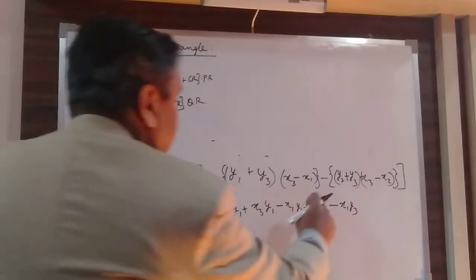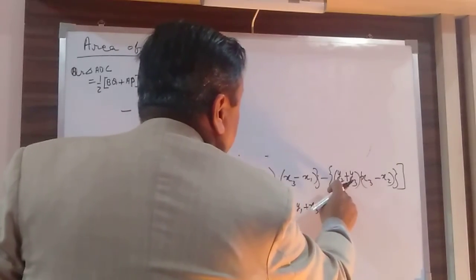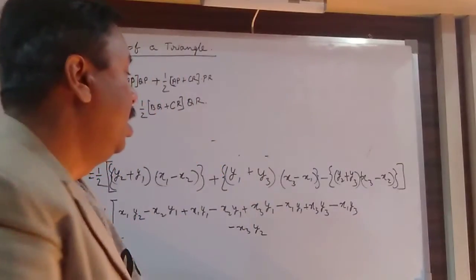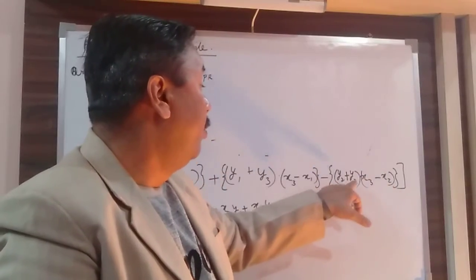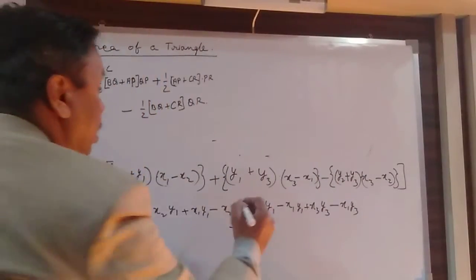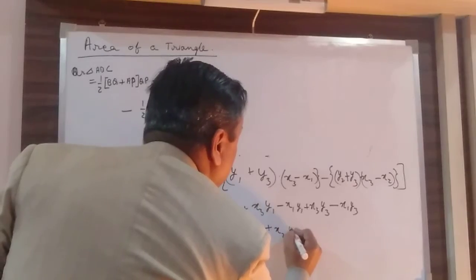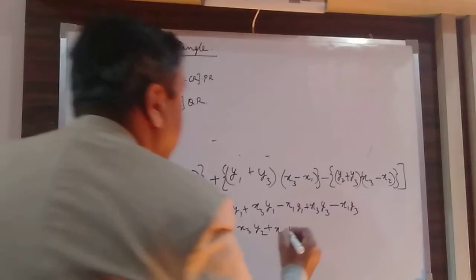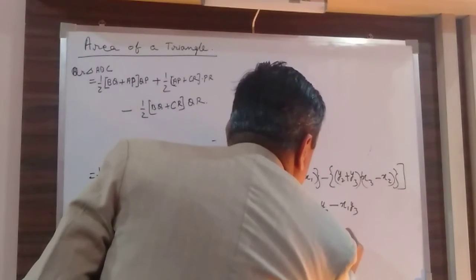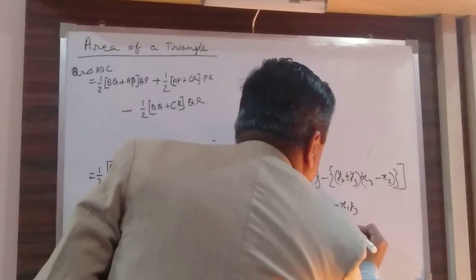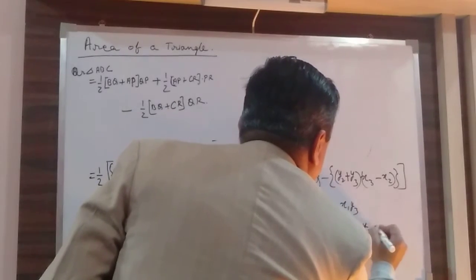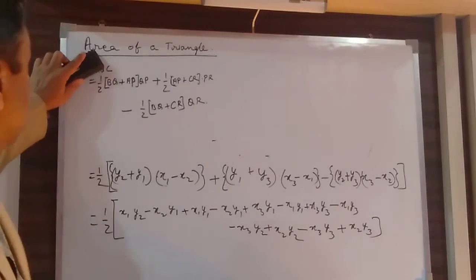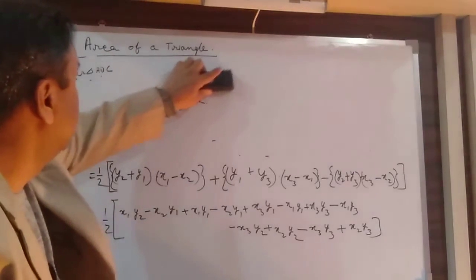So what I get is x3 by 2 with a minus sign, then x2 by 2 minus and minus with a plus sign, so plus x2 by 2, again x3 by 3 with a minus sign and plus sign x2 by 3. Okay, so this is what I get.